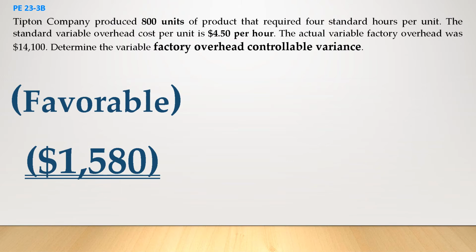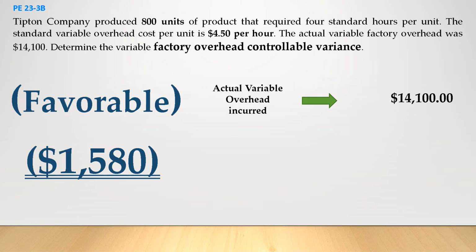Favorable by $1,580. How do we solve it? Let us go first to the actual variable overhead incurred. It is equivalent to $14,100 as the problem says. Then how about the budgeted variable overhead? It is equivalent to $15,680. How do we get $15,680?